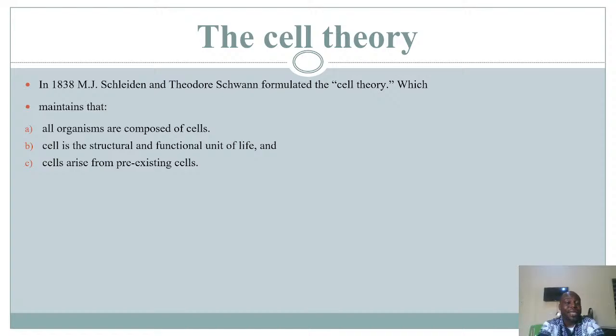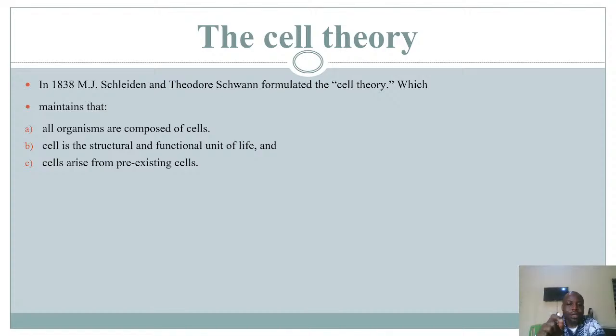And lastly, number three, that cells arise from pre-existing cells. It didn't just come spontaneously from non-living matter. No, cells arise from previously existing cells, which means old cells give rise to new cells by a process of division or reproduction, as the case may be.